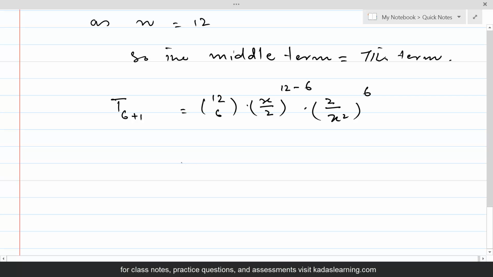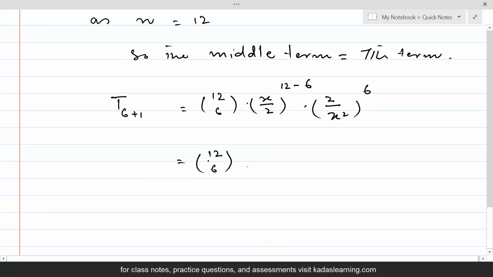This is 12C6 times x^6 over 2^6, into 2^6 divided by x^12.